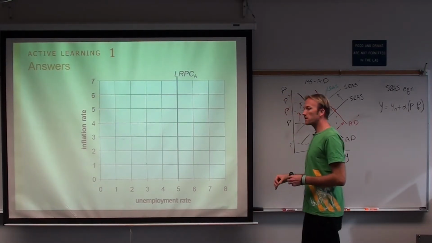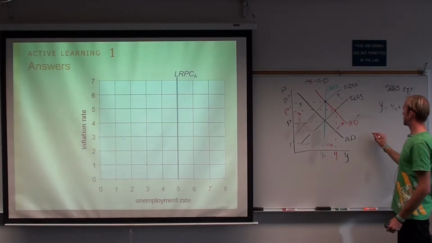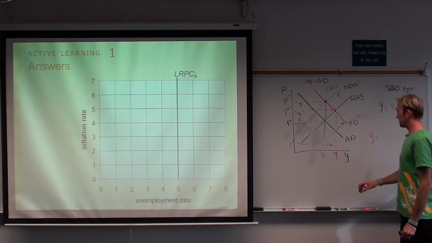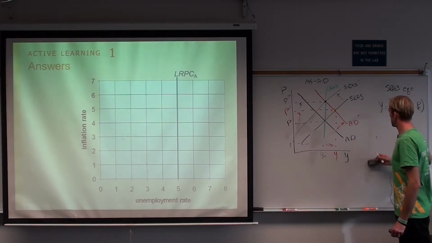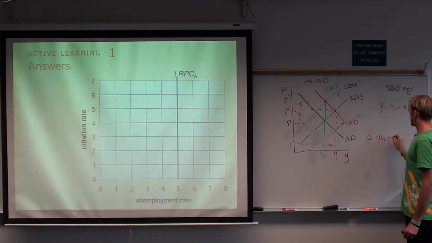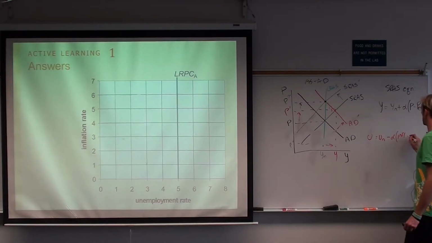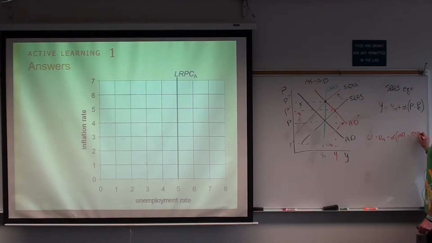So plug it into the formula for the short-run Phillips curve, which, don't forget, is something like: unemployment is equal to the natural rate of unemployment minus alpha times inflation minus expected inflation.